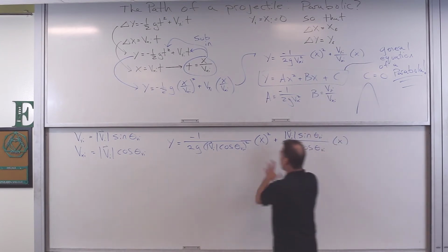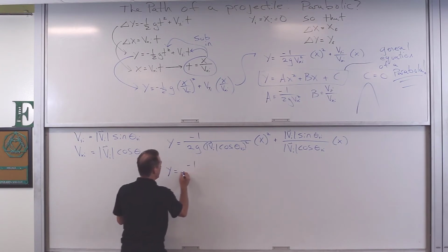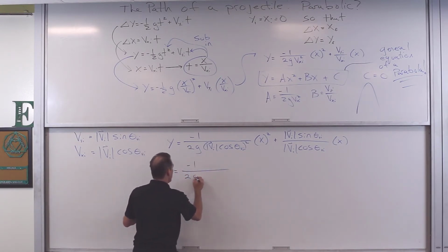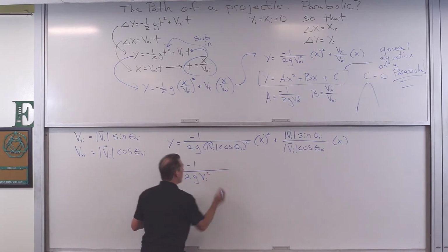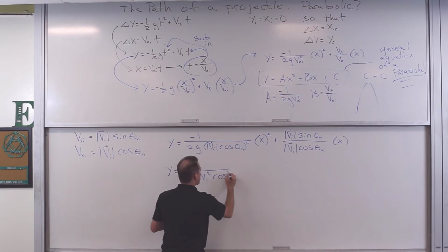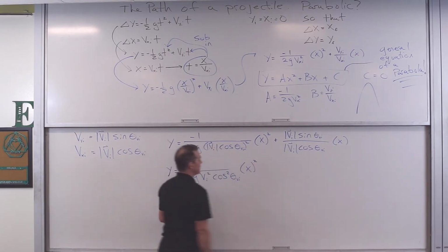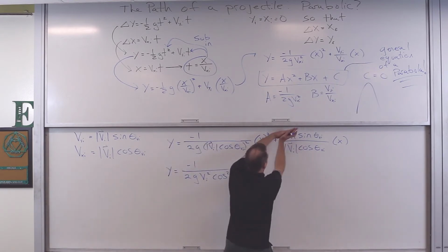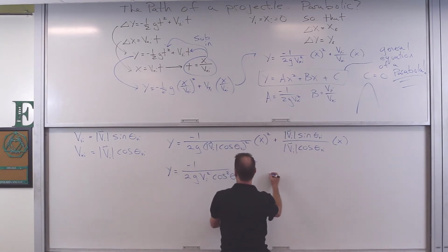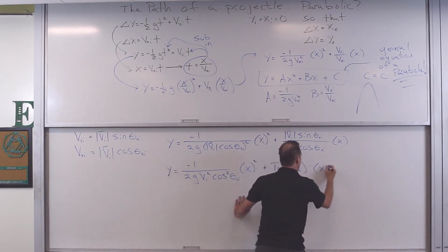So we can rewrite this all and say that y is equal to -1 divided by 2g V initial squared, because again it's this whole term squared, so V initial squared times the cosine squared of theta V initial, multiplied by x squared, plus the tangent of theta V initial multiplied by x.